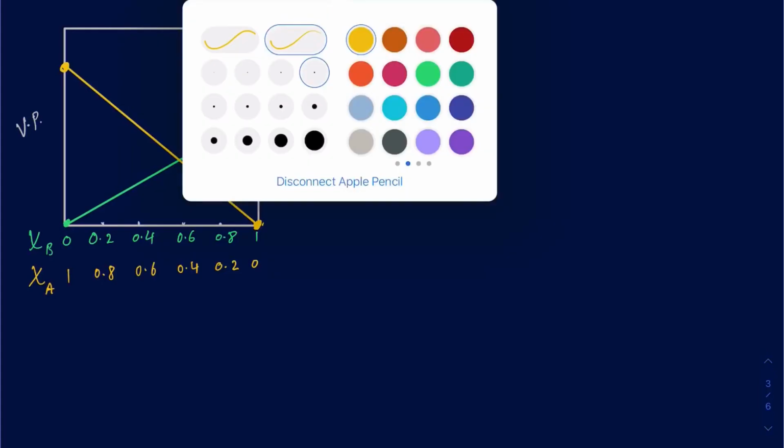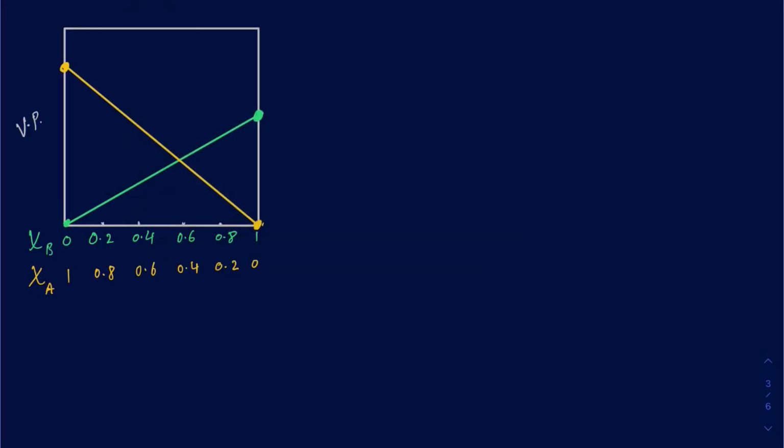If I have to calculate those, the vapor pressure of A is going to be the pure vapor pressure of A times the mole fraction of A. And then I can do the same thing for B. The vapor pressure of B is going to be equal to the vapor pressure of pure solvent B times the mole fraction of B. So those are the vapor pressures. The PA and the PB are the vapor pressures once the solution has been made.